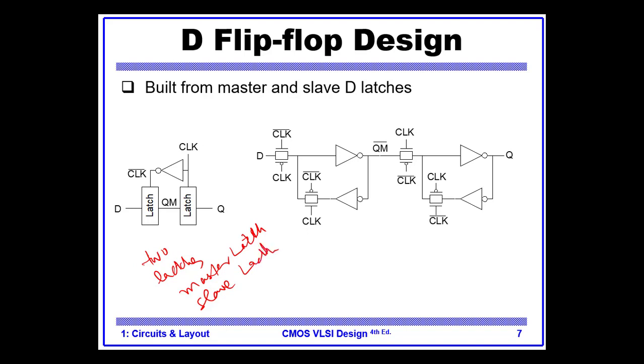So this is called the master-slave configuration. One is master, the other is slave, and you see the clock signal goes to one uninverted and to the other as inverted.